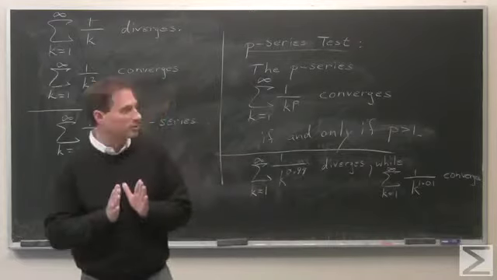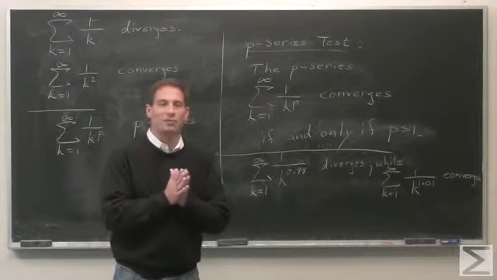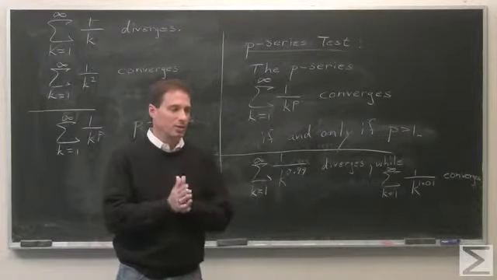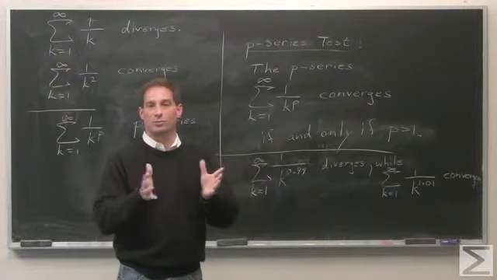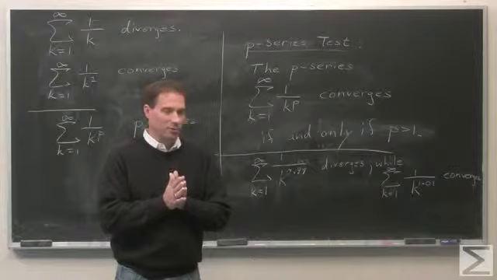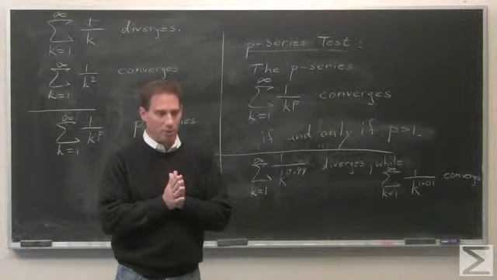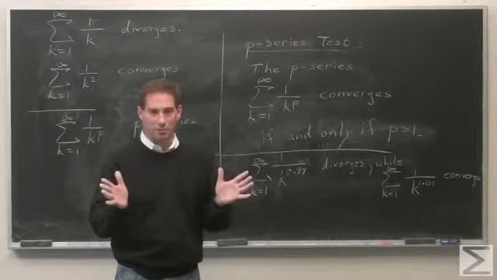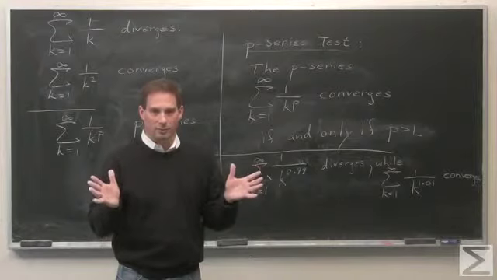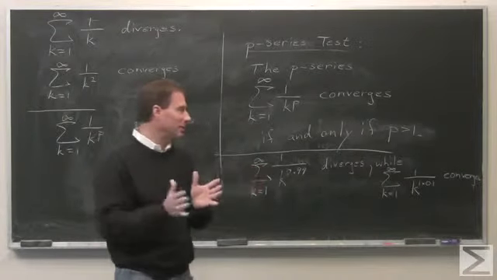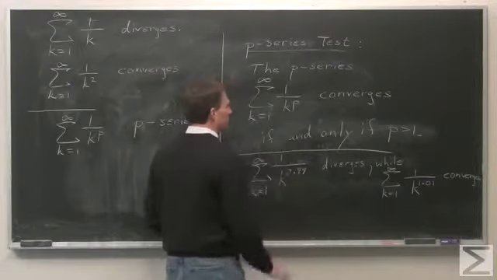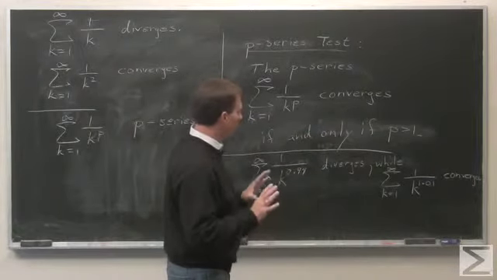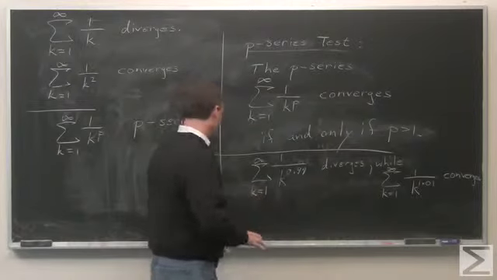If p is less than or equal to 1, the series diverges. We're also going to have the limit comparison test, where 1 is what you expect to get for some limit. And then we're going to have the ratio test and the root test, where if you get 1 for the limit that's involved in the theorem, that's bad. The tests don't tell you anything. So it's important to keep all these 1s straight. In the p-series test, you want p to be greater than 1 for convergence.